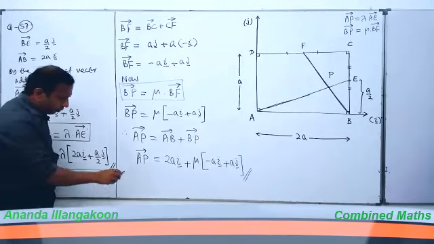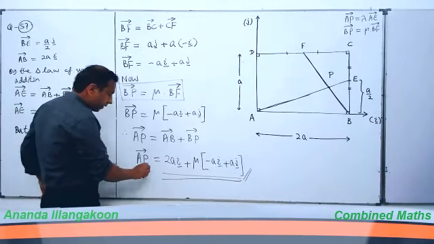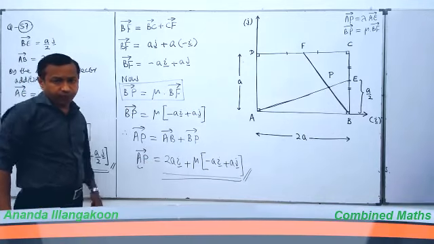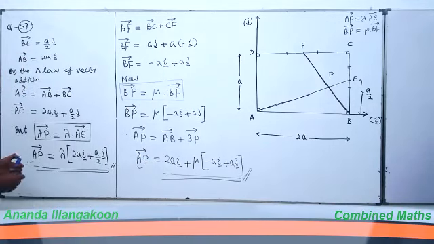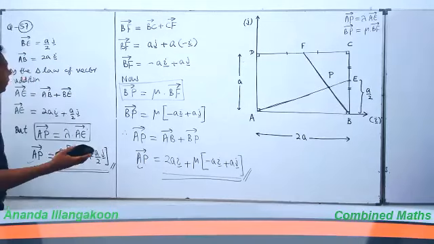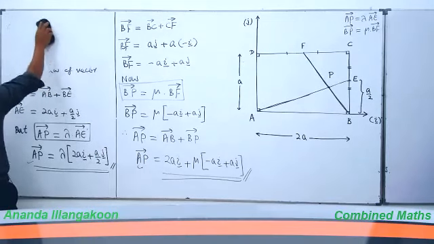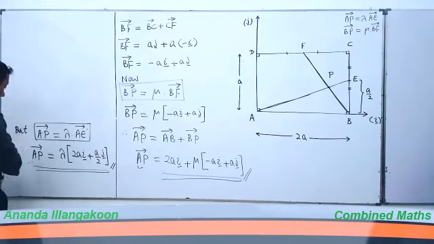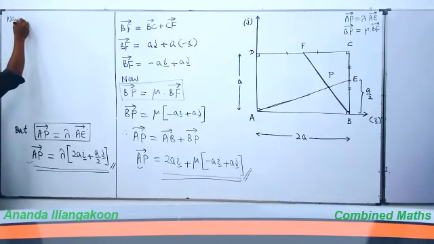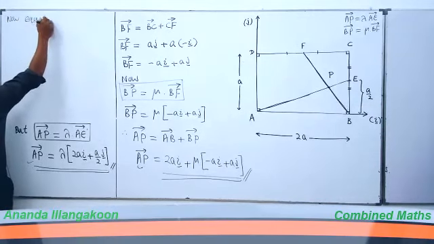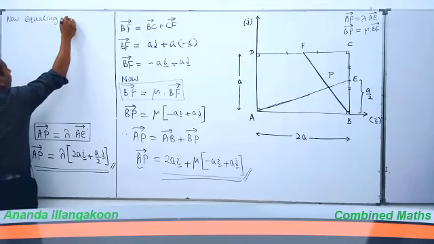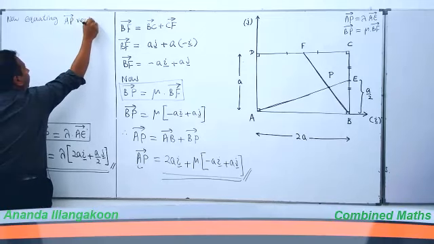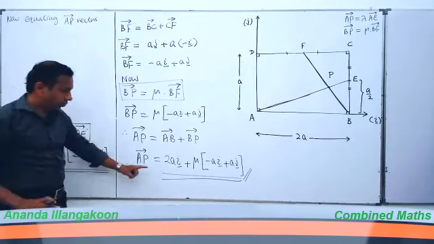Right. Now, this AP vector we have found in two ways. Here AP, here AP. Then the right hand sides must be equal. Right. So then we get, equating AP vectors, this one should be equal to this right hand side now.